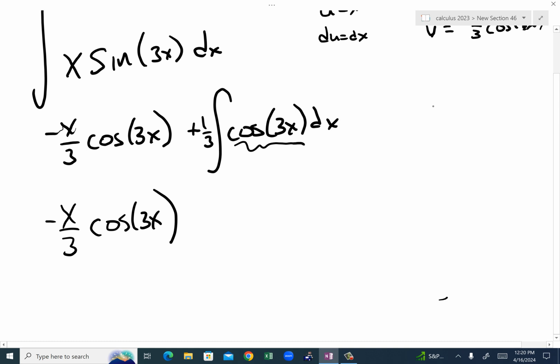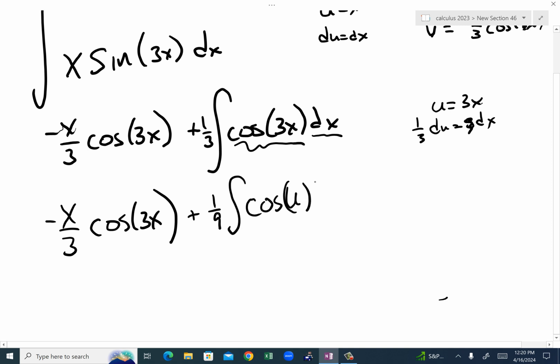Let's see, if I let u equal 3x, then du would equal 3 dx. I don't have that. I only have a 1 dx. So I have a third. Now that makes plus 1/9 then, right? And then the integral of cosine of u du.